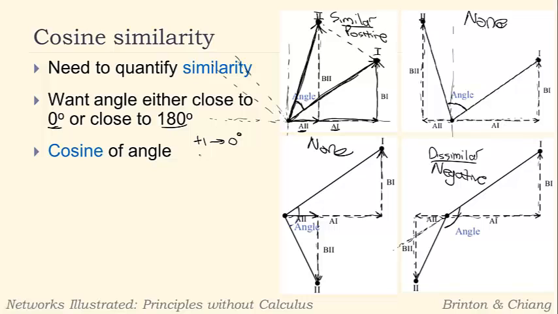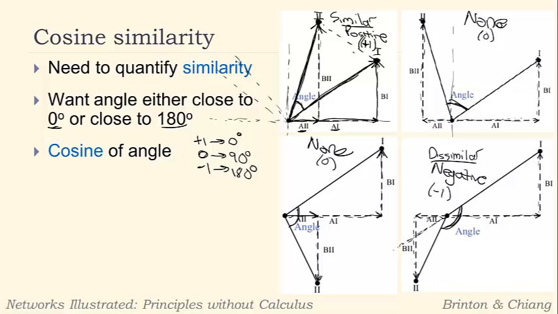It's going to be closer to 0 if the angle is around 90 degrees, like in these situations right here, where we would have 0 correlation. And it's going to be close to -1 if the angle is getting close to 180 degrees, like in this situation right here. This would be close to -1, this is close to +1.